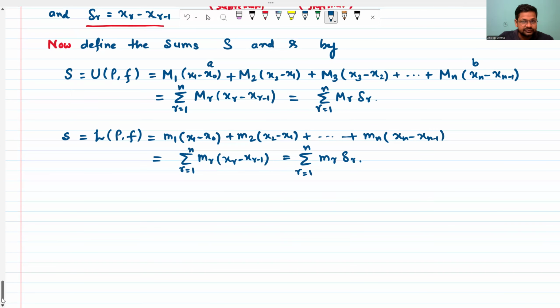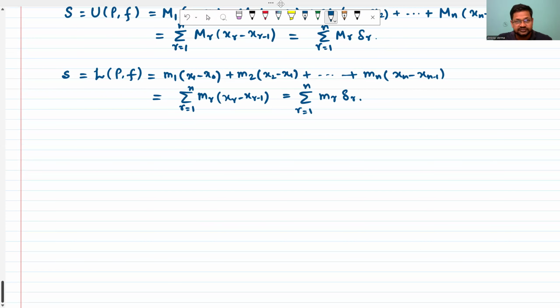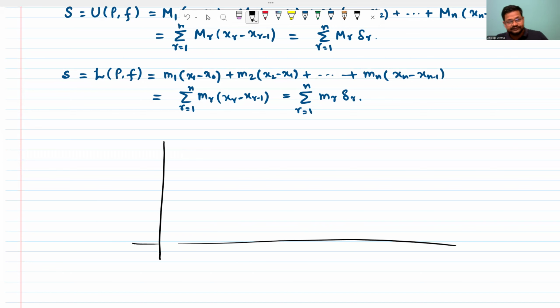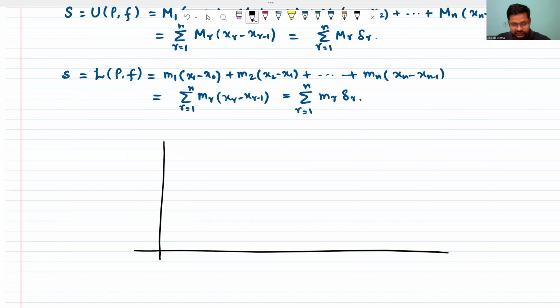Let me explain. Suppose this is the x-axis and this is the y-axis, and this is the function, which looks like this.